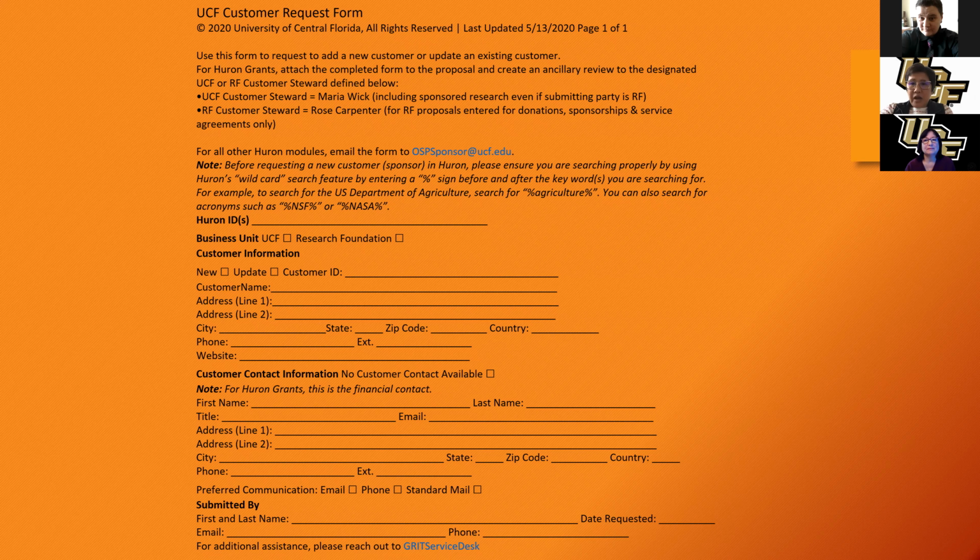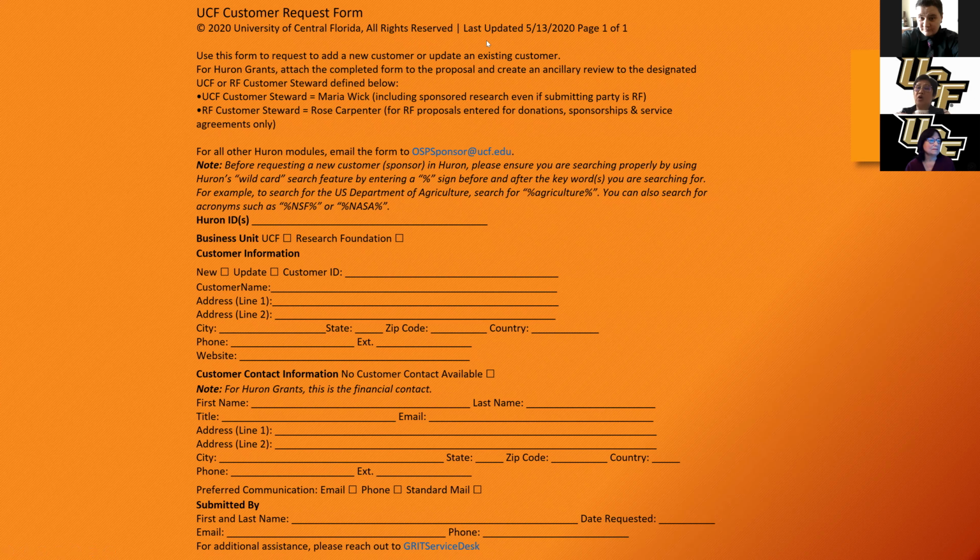Moving on, we need to have the contact information: name, last name, and the title if it's available, and the email address. This information is very important because this email address is where all our invoices go for payment.